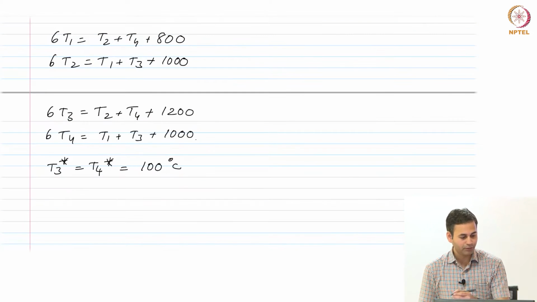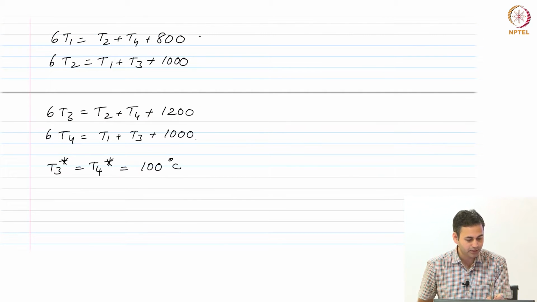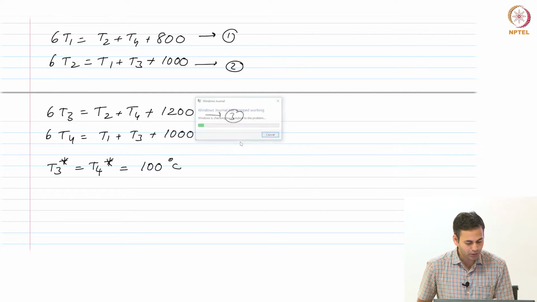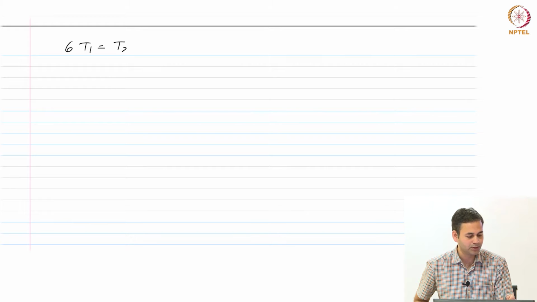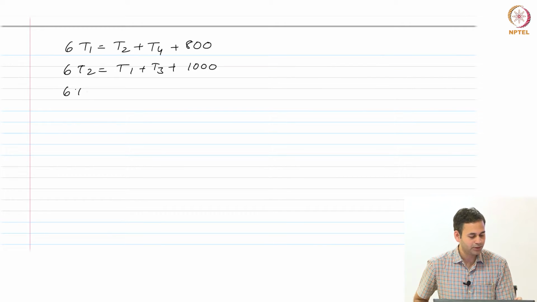Then we have our first equation. This is our equations 1, 2, 3 and 4: 6T1 equals T2 plus T4 plus 800, and 6T2 equals T1 plus T3 plus 1000, and 6T3 equals T2 plus T4 plus 1200, and then 6T4 equals T1 plus T3 plus 1000.